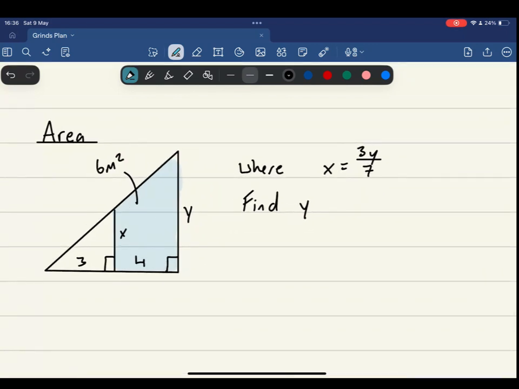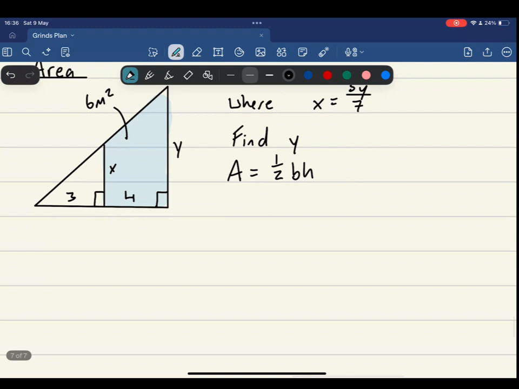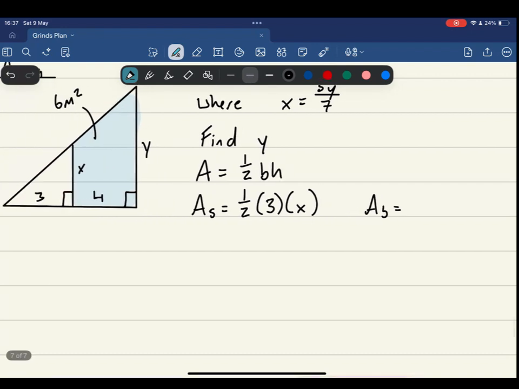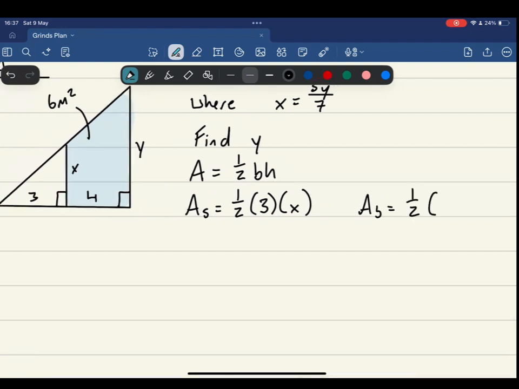To find area, typically the hardest one is when you're subtracting one area from another. So here they tell us the shaded area is 6 meters squared, and they're asking us to find y, and they tell us that x is equal to 3y over 7. So I know the area of a triangle is going to be half the base times the height. So in our small triangle, the area, I'll call it S, is equal to half of the base, which is 3, times the height, which is x. And then the area of our big triangle is going to be half of 3 plus 4, which is 7, times y.